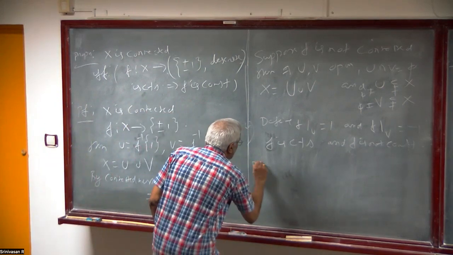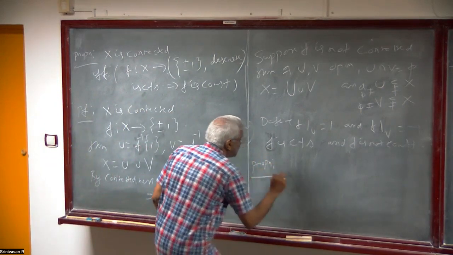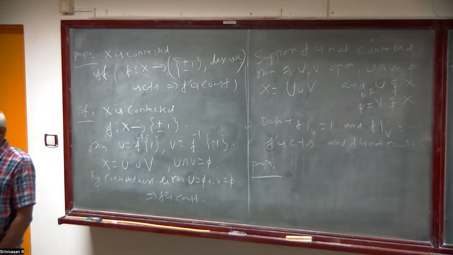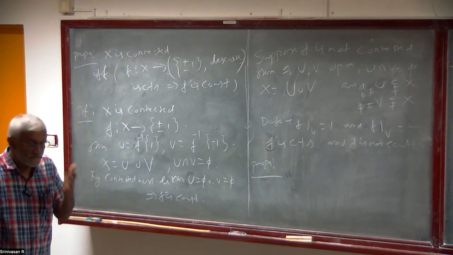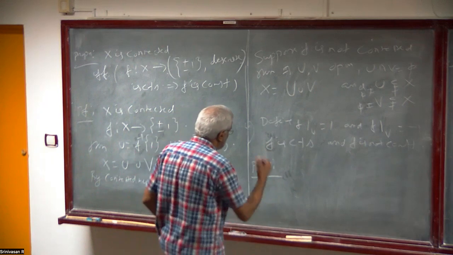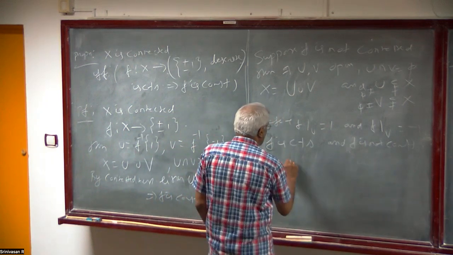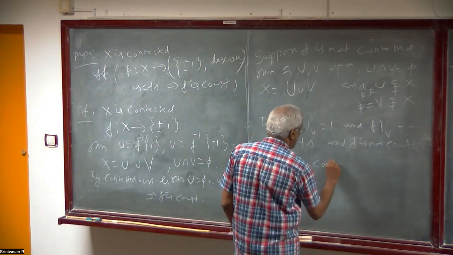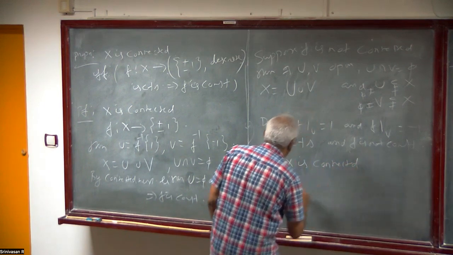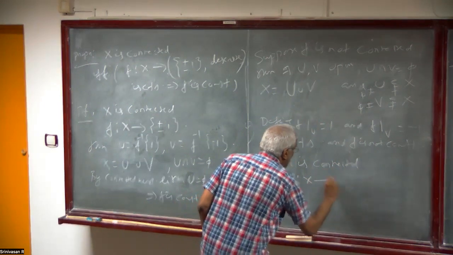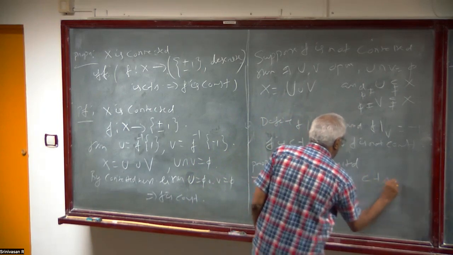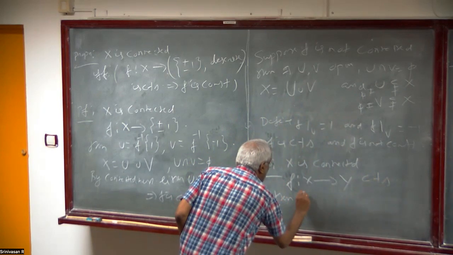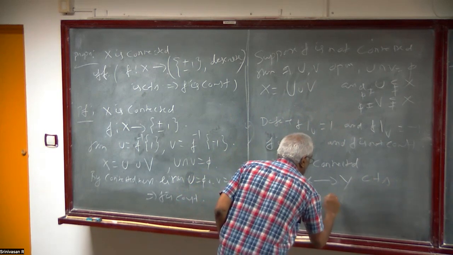Now let us prove the other proposition, which says that connectedness is a topological property, which is preserved under continuous functions, and in particular under homeomorphism. So X is connected, and f is a continuous function from X to Y, where Y is another topological space. Then f of X is also connected.